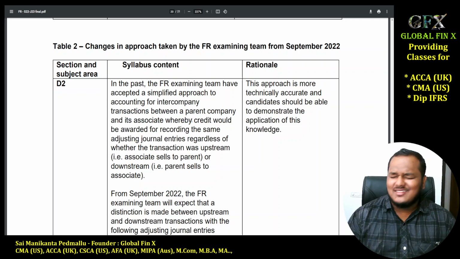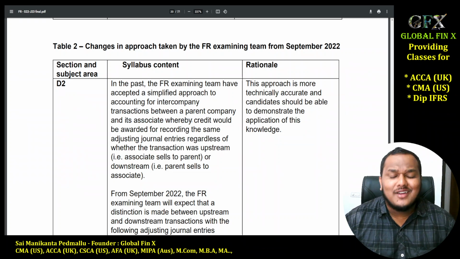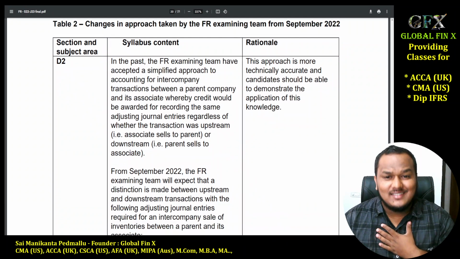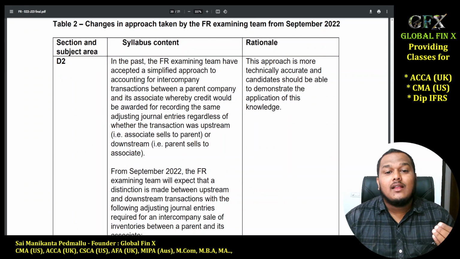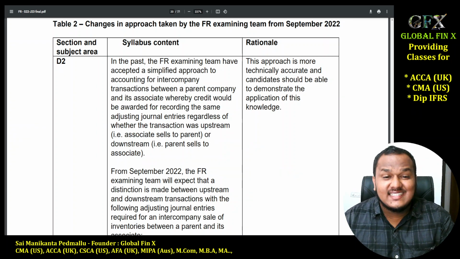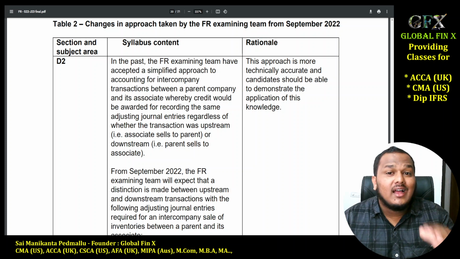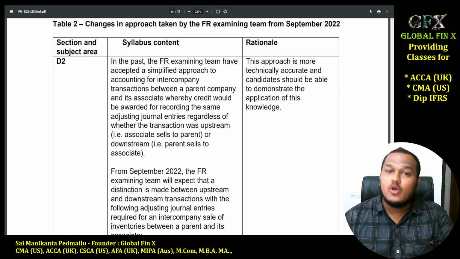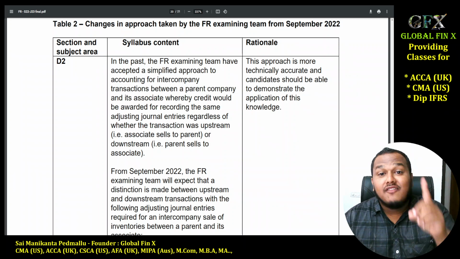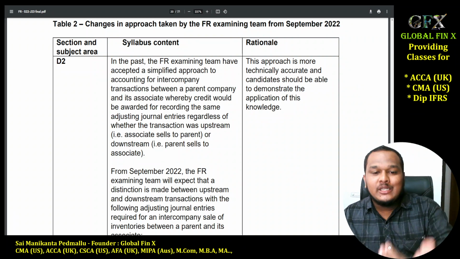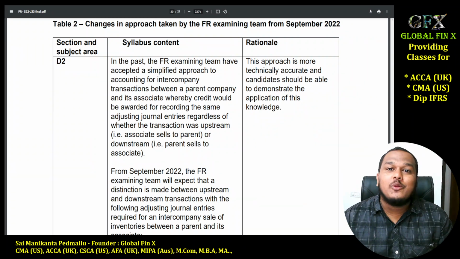Oh my god, this is such a wonderful, happy thing to see in the syllabus. I'm really happy to look at this. I have been telling my students for ages, literally 4 to 5 years, that your FR textbooks, both Kaplan and BPP, gave a simplified approach for transactions between parent and associate, either parent selling to associate or associate selling to parent.